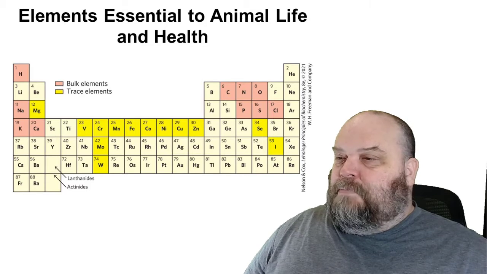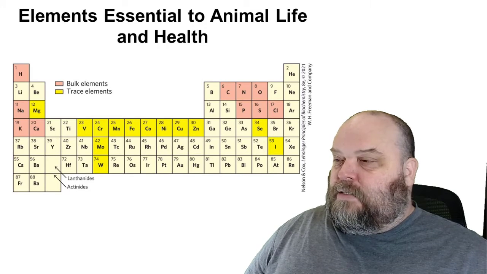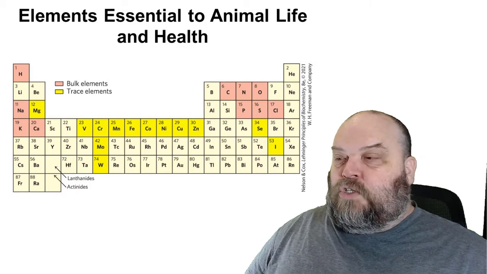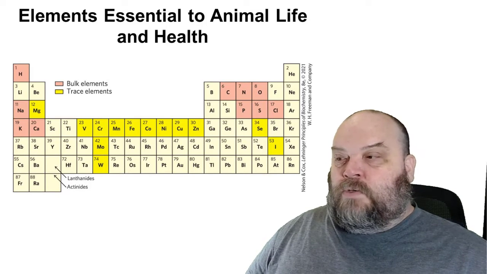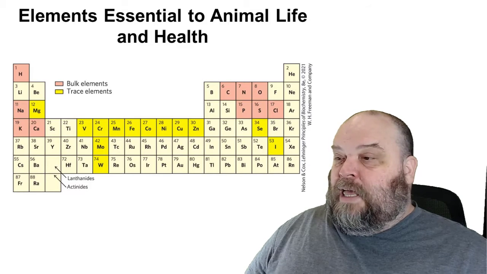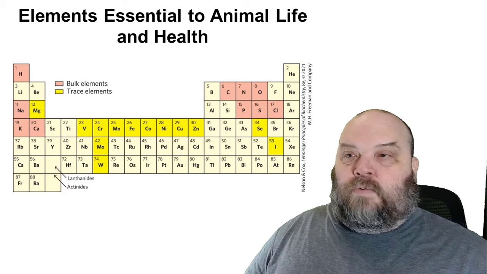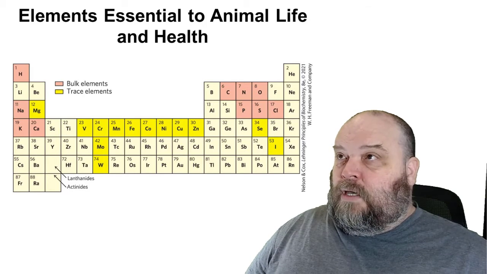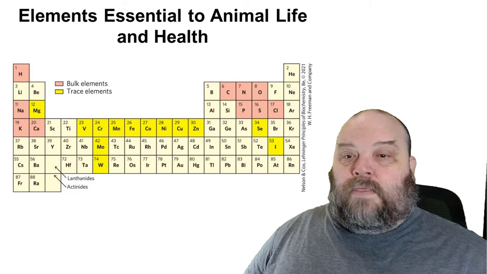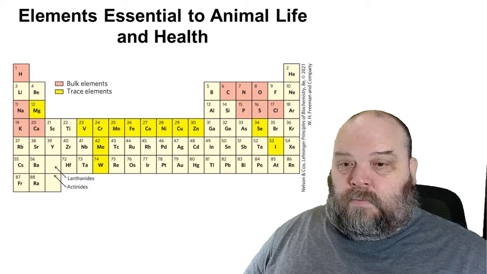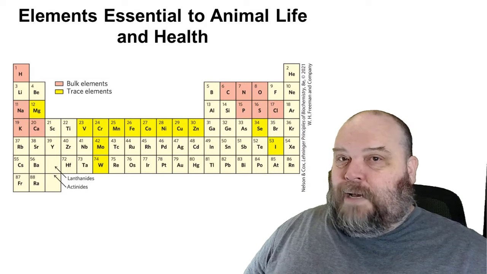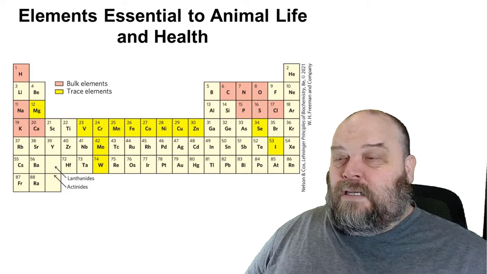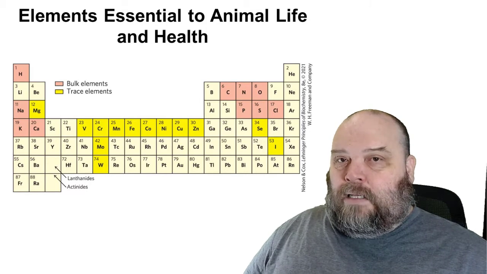What you need to keep in mind is that the majority of the elements you are going to see in this periodic table have absolutely nothing to do with organic chemistry. If they have nothing to do with organic chemistry, then they have nothing to do with biochemistry. Because remember, in biochemistry, we are dealing pretty much only in organic molecules.